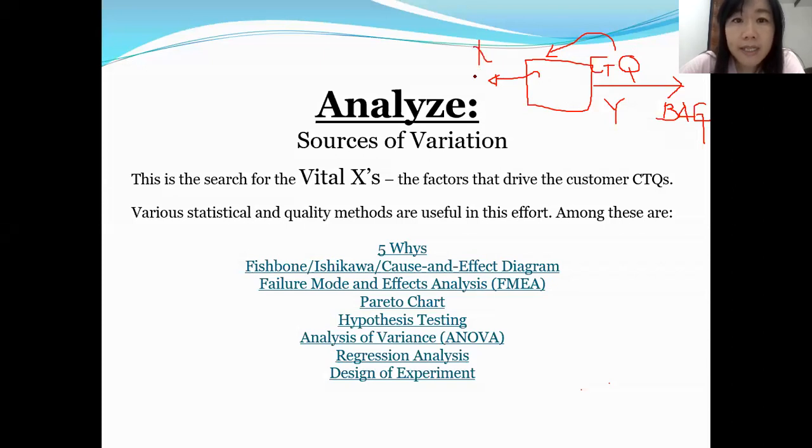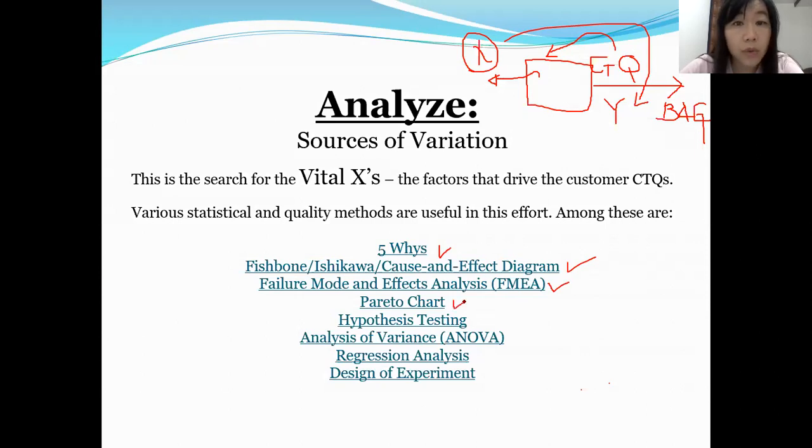So this analysis is to search and filter the X that might drive the Y. Various statistic and quality methods that you can use in this phase are 5 Whys, the Ishikawa diagram or cause and effect diagram, which everybody is mostly familiar with, and this one is new: failure mode and effect analysis.